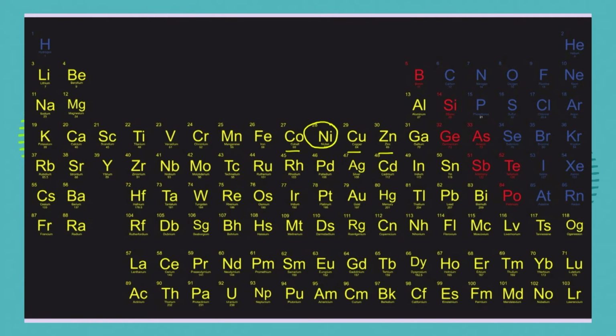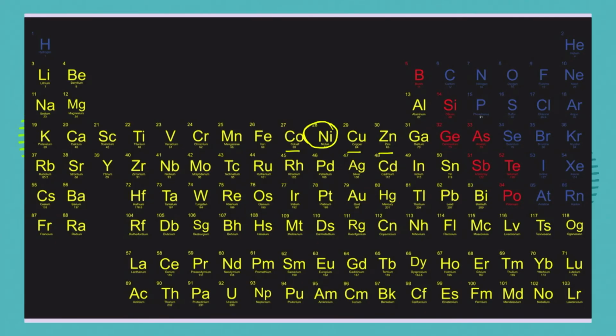Are they the metals? Are they the non-metals? Or are they the semi-metals? Well, having seen that picture of nickel, you should know that what we've given here in yellow is the group known as the metals.